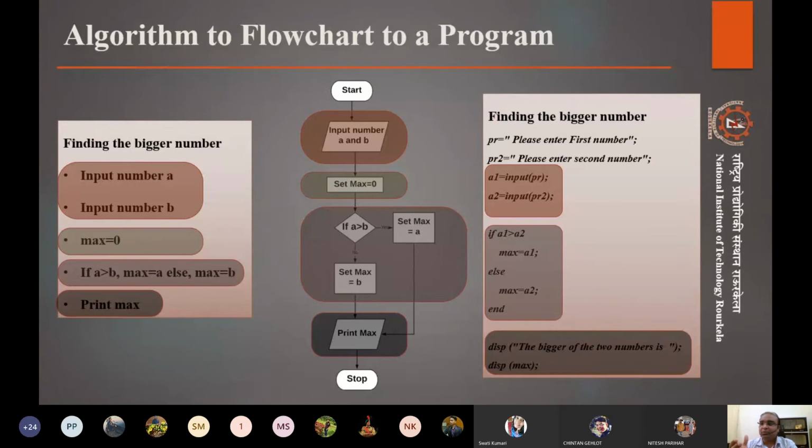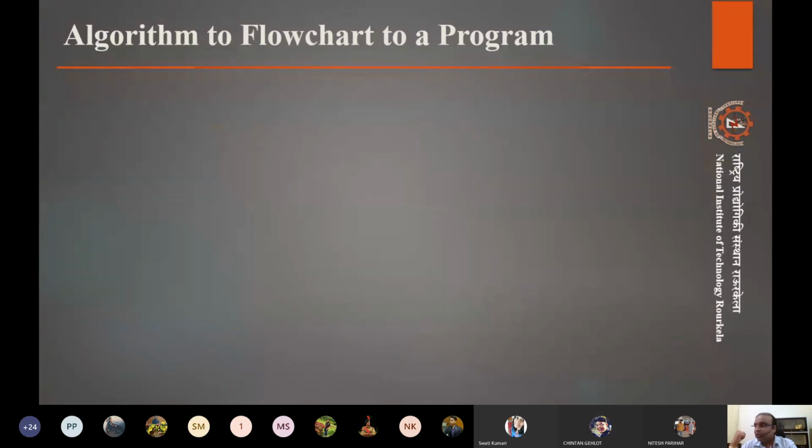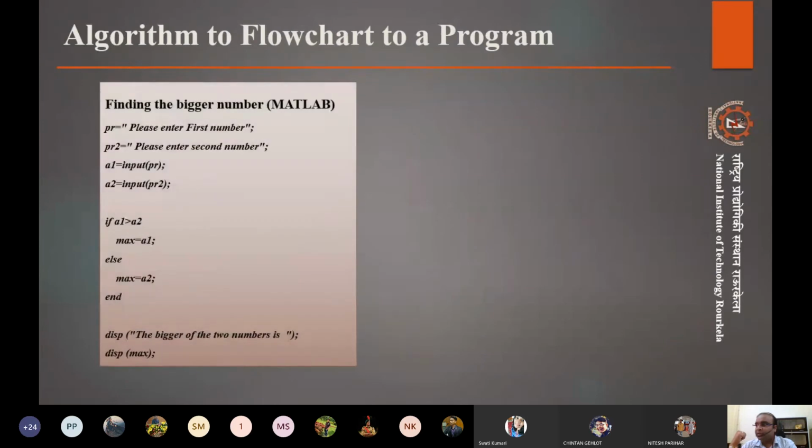In an algorithm we just put something as simple as input number A. In a flowchart we put a parallelogram box, and in different codes we write different sets of instructions, maybe an input statement like in this case or in C++. Let's see, I think I have a program in C++ as well.